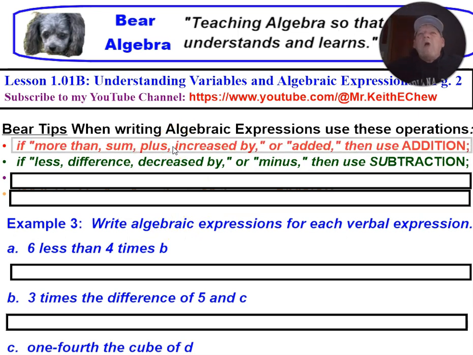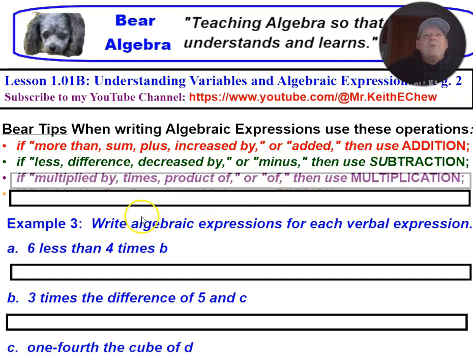So remember, when you're writing algebraic expressions, you're looking for words. The words more than, sum, plus, increased by, or added to, then you're going to use the addition property. If we have the words less, difference, decreased by, or minus, you would use the subtraction property.